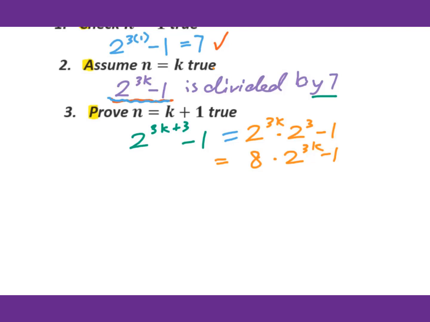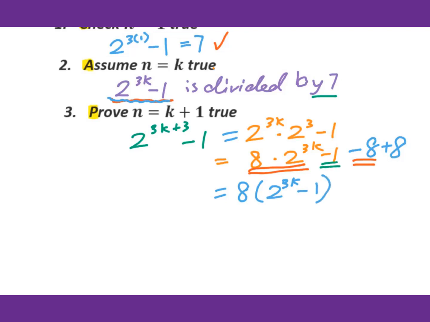Therefore, you can do minus 8 plus 8, so that you can take 8 outside. Then create 2 to the 3k minus 1. That's how I think. So I'll get the 8 times 2 to the 3k minus 1. Then combine like terms. Negative 1 plus 8, that's plus 7.